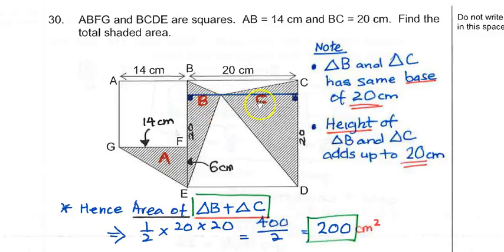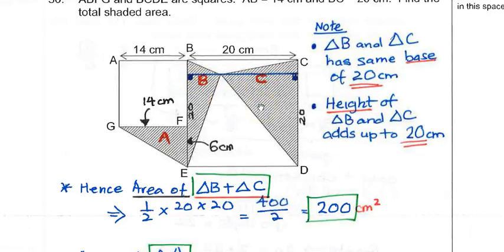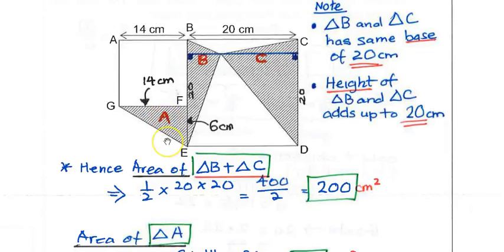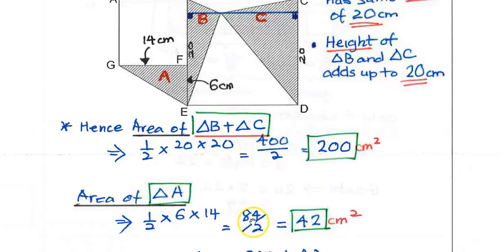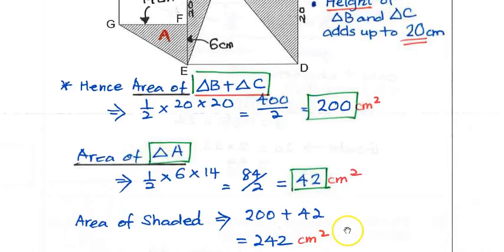Shaded for B and C is 200 square. Alright? Now to find A, the shaded part, the area of A is half times 6 times 14. 14 is one side, 6 is one side. You work it out, you get 84 divided by 2. So B and C is 200, A is 42, add together 242.